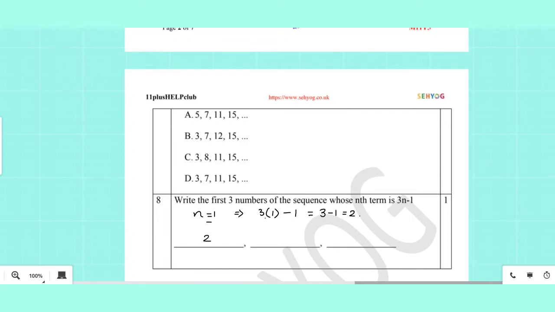Now, in same way, we will put n equal to 2. 3 times 2 minus 1. So, 3 times 2 is 6 minus 1, that is 5. So, second term is 5. Again, we will put n equal to 3. 3 times 3 minus 1, so 9 minus 1, 8.